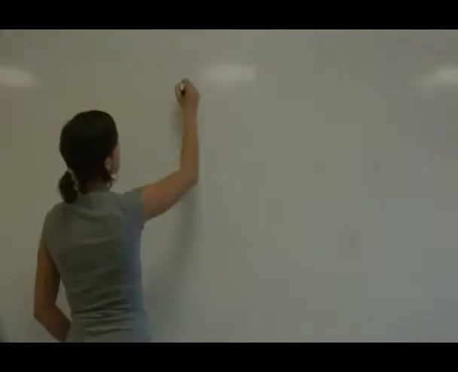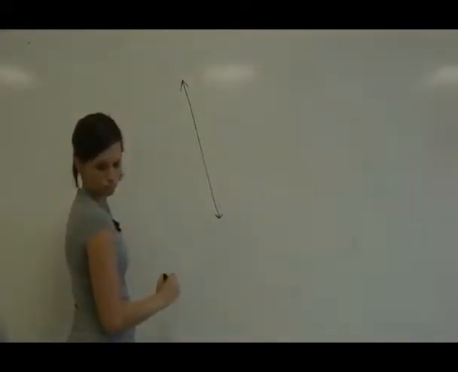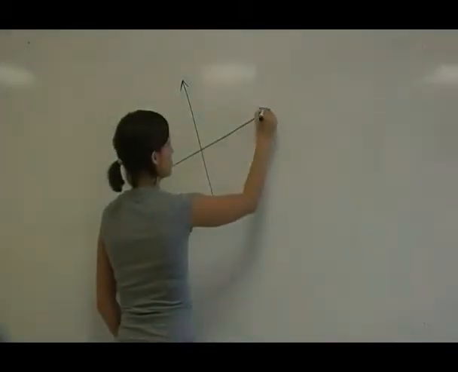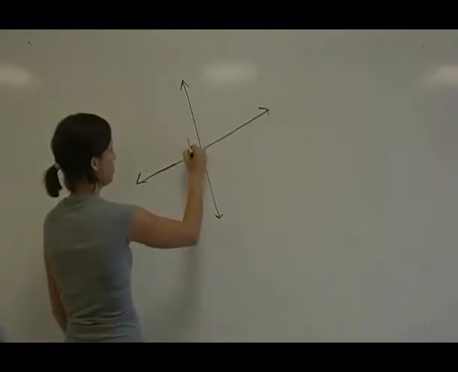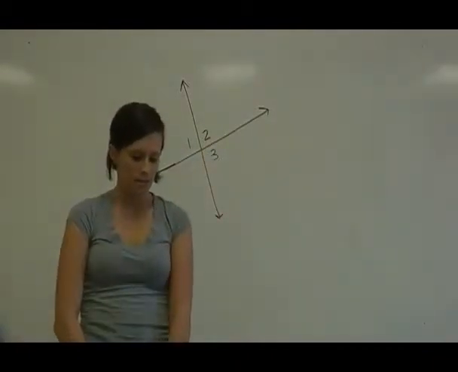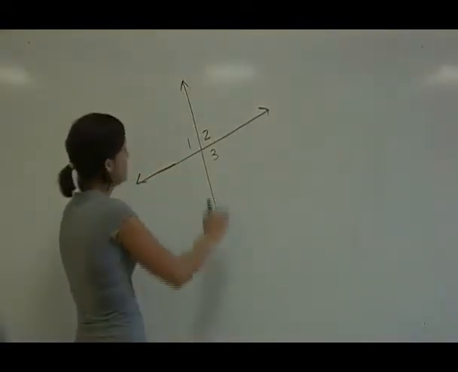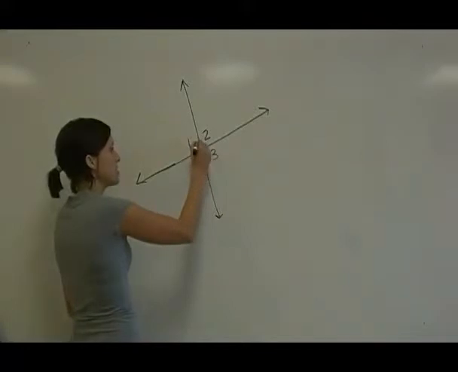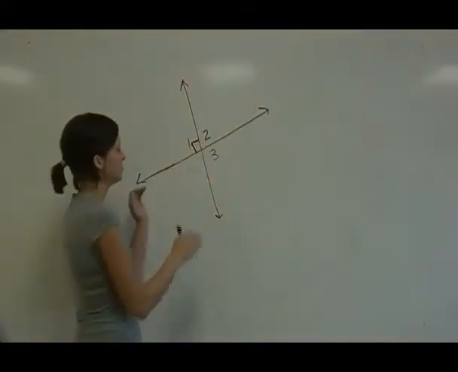Okay, let's draw the picture. Angle 1, 2, and 3. And let's read what it says. It says the measure of angle 1 equals 90 degrees. So here we have a 90 degree angle, which is also, if you see this little symbol, means it's a 90 degree angle.